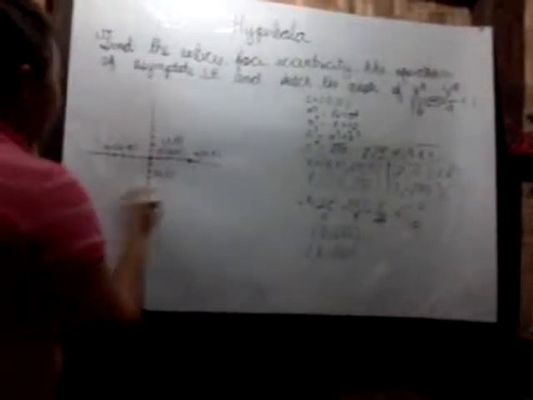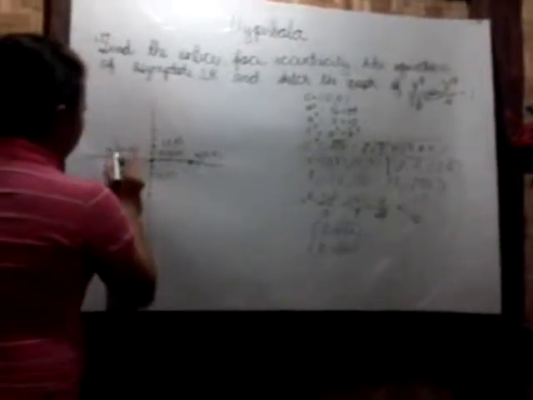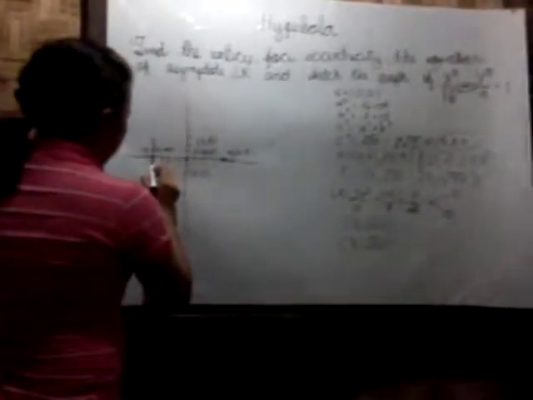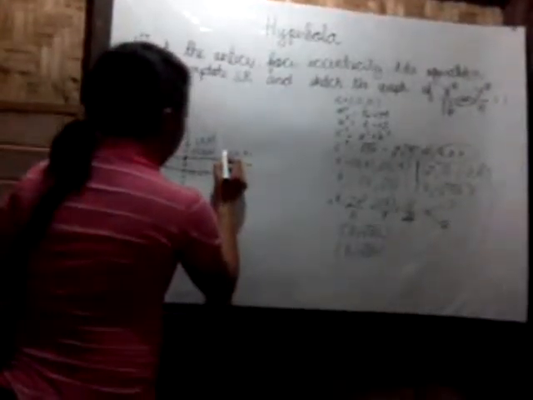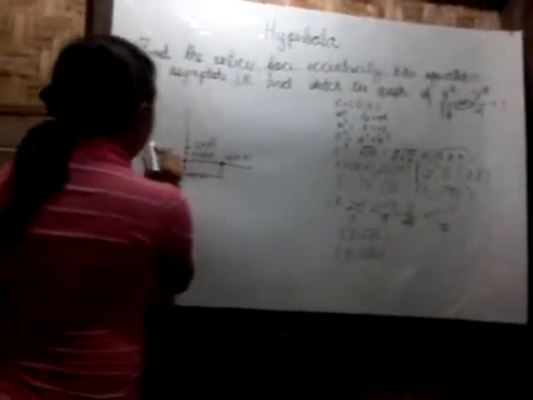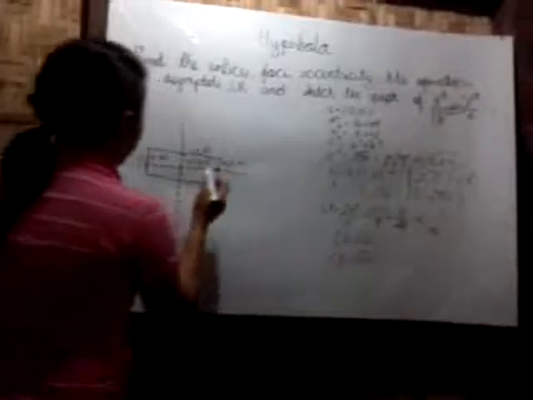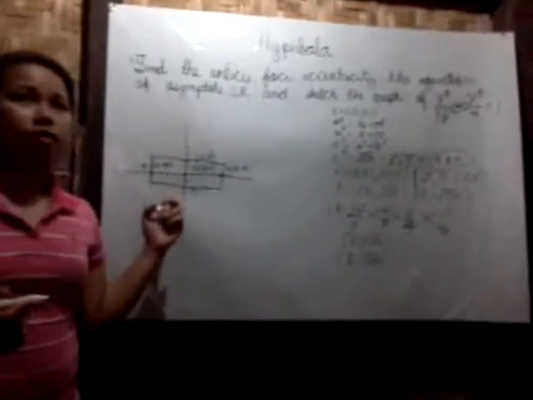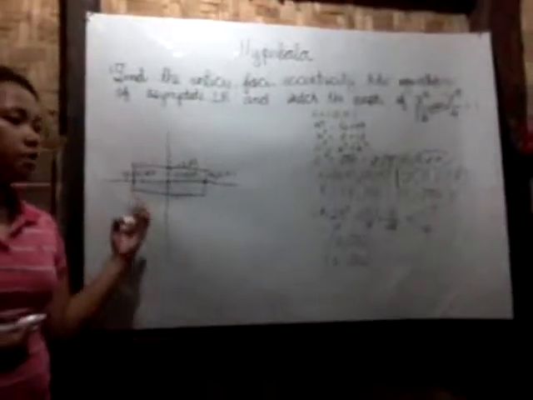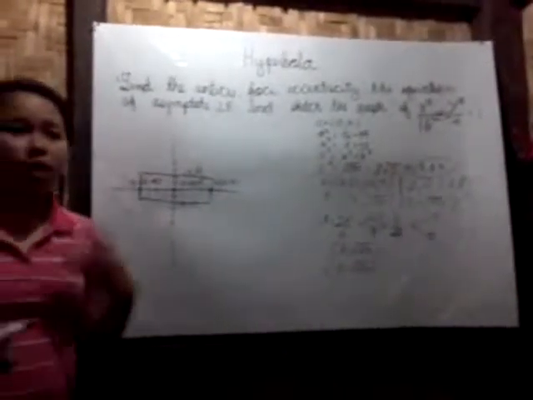So now we're going to graph. As you observe, it is a rectangle which helps us to locate the hyperbola very easily.